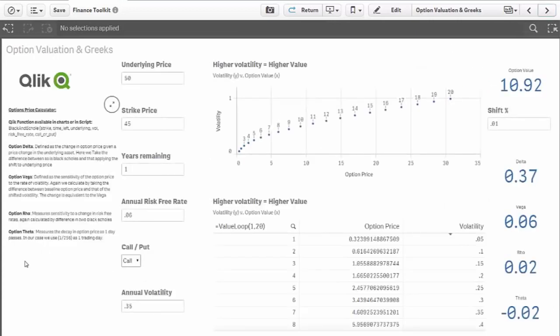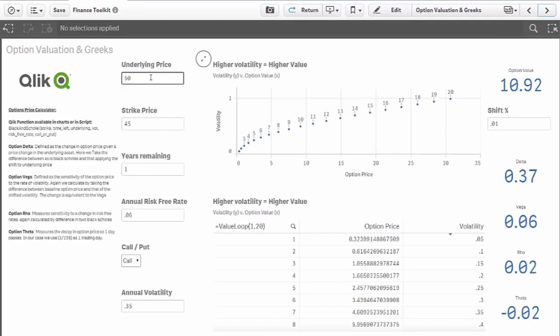In this particular case, I took the Black-Scholes function within the Qlik engine. And it's important to note that all of these functions can be used in the visualizations themselves, as I'm showing here, calculated on the fly in memory, or they could actually be run in the script, and you could capture these numbers in a QVD file and reload it into the script.